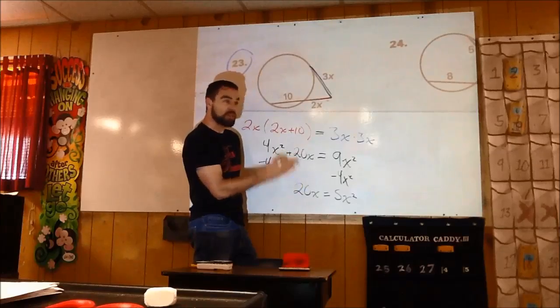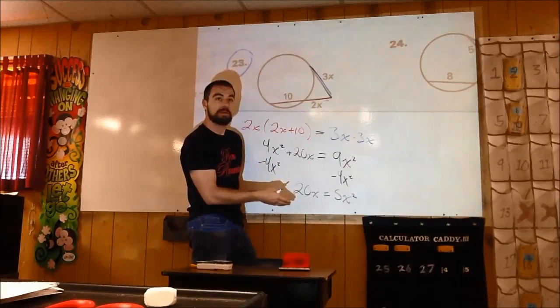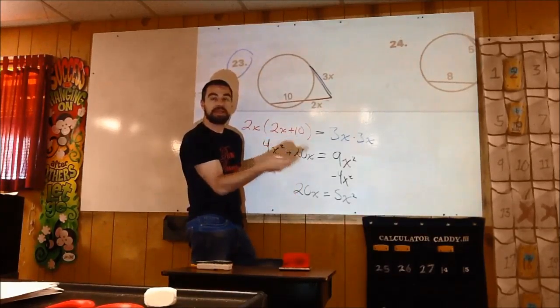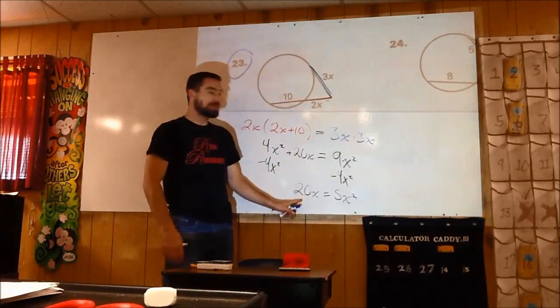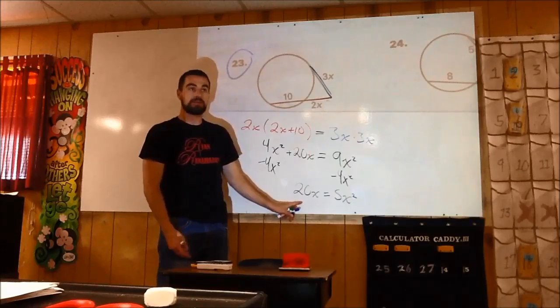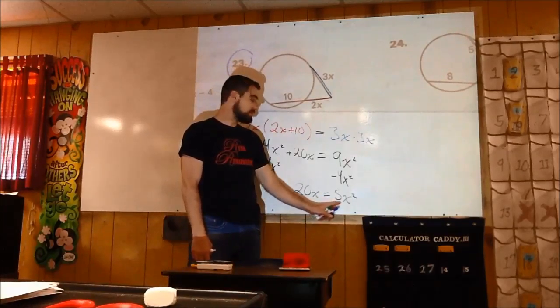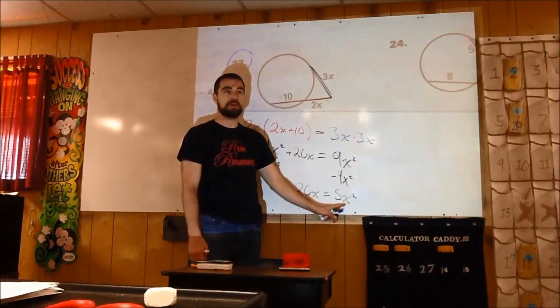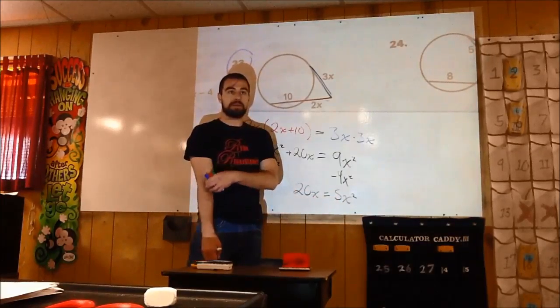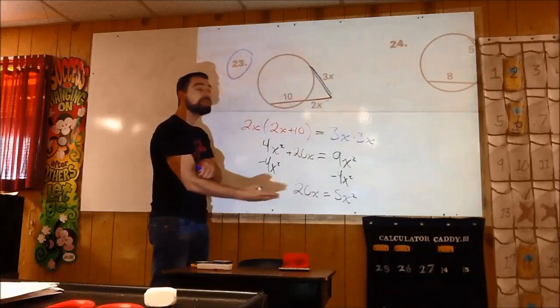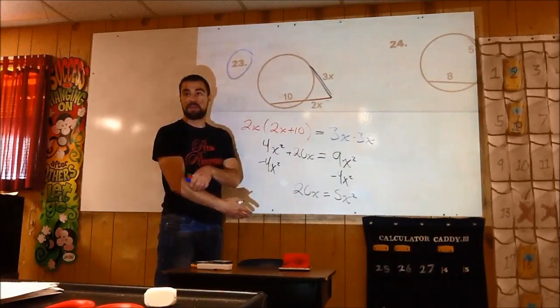So x could equal 0. When I plug in 0 for x right now, that satisfies this equation. Because 0 times 20 is 0. And that equals 0 squared, which is 0, times 5, 0. 0 equals 0. So 0 is a solution of this equation.